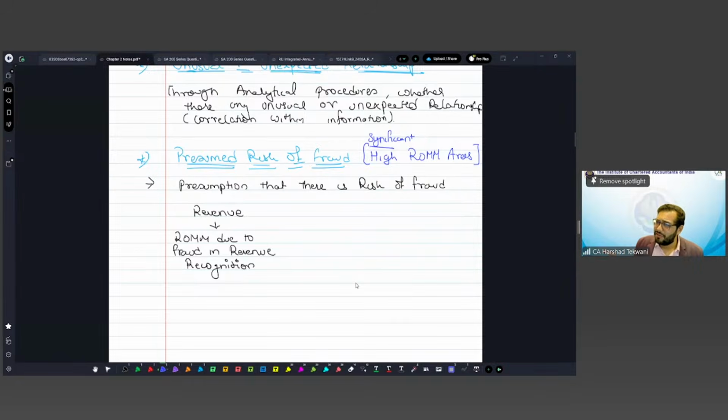What difference does it make if I say high risk or significant risk? Can anyone tell me what difference it will make if I say it's a high risk? What difference is it making? Anyone?